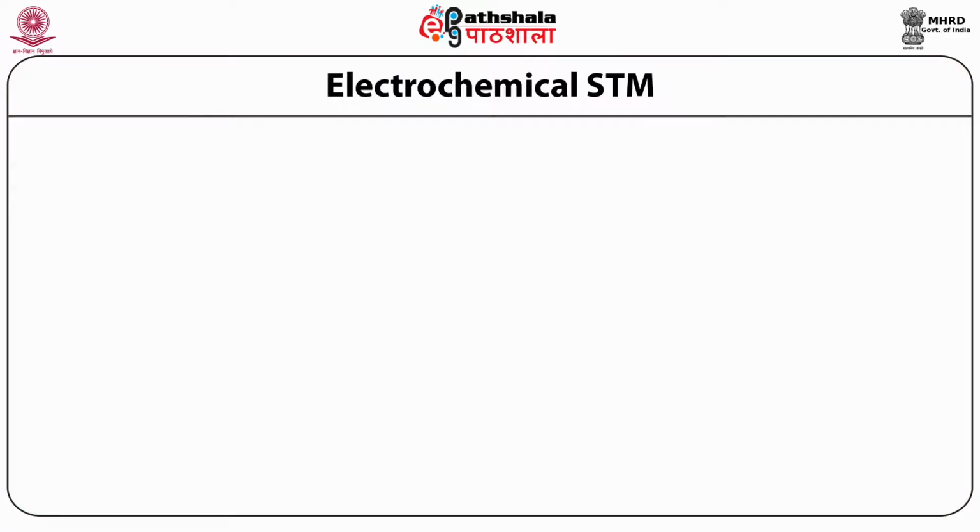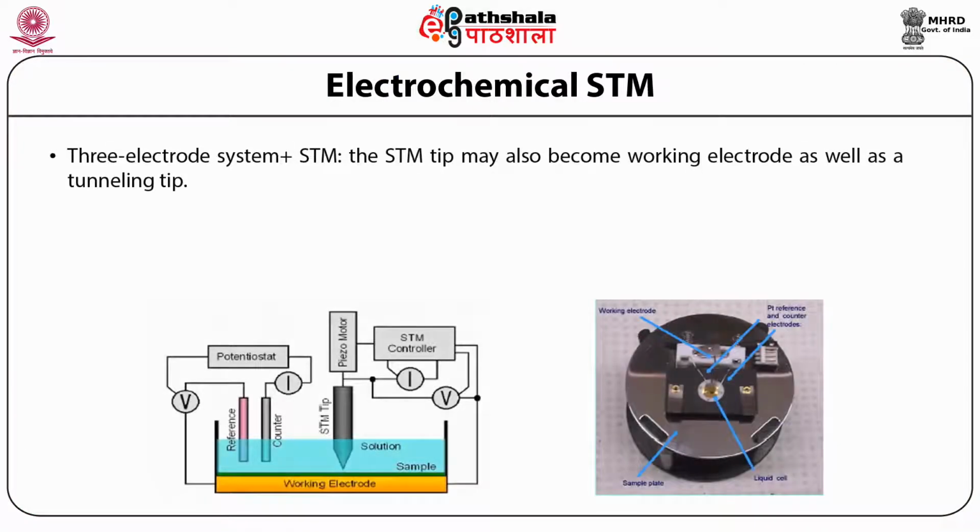Electrochemical STM, a three electrode system, is used in this particular technique, which is called electrochemical STM. The STM tip may also become a working electrode as well as a tunneling tip.